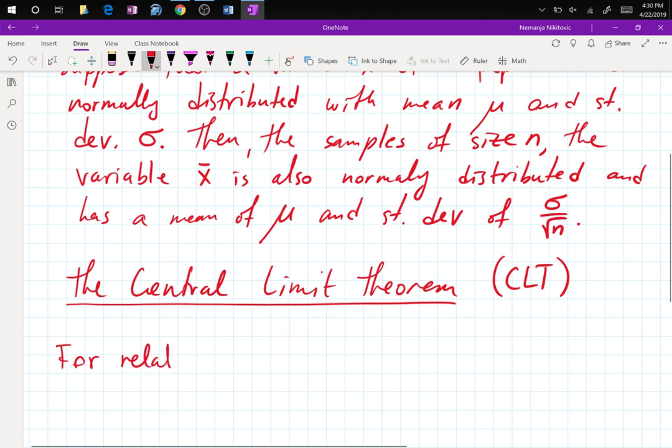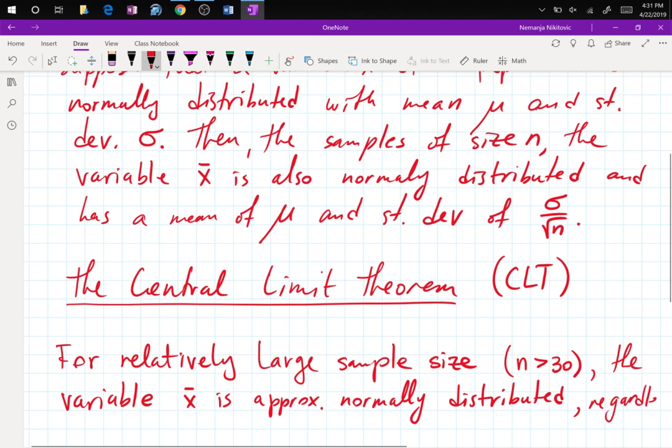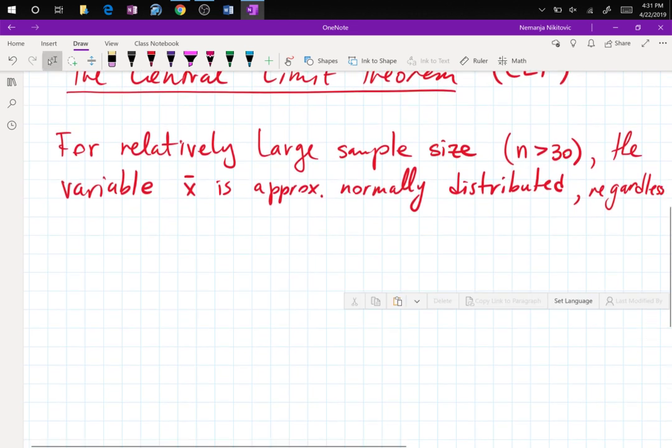For a relatively large sample size, I'll just put n larger than 30 in parentheses, the variable x bar is approximately normally distributed, regardless of the distribution of the variable under consideration.